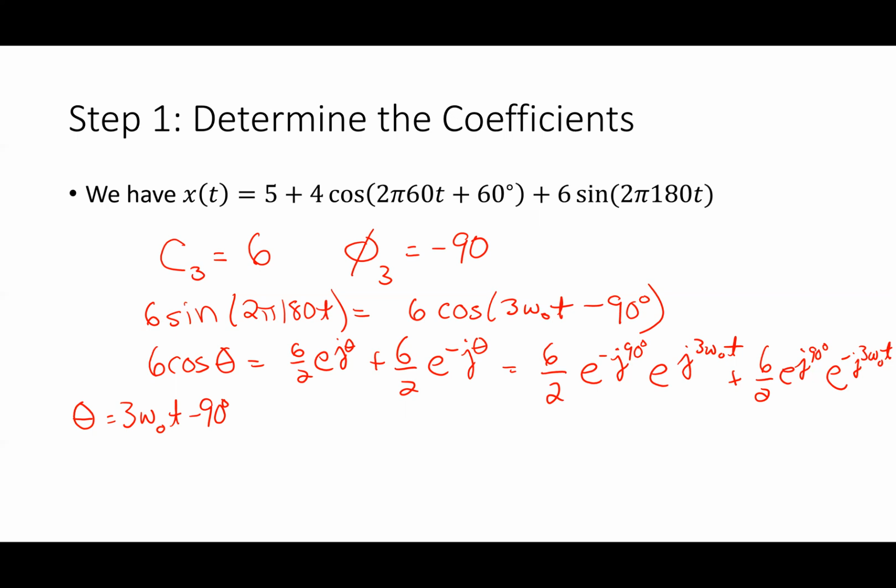So you could say, yeah, sine of x is equal to cosine of x minus 90 degrees. There's a trig identity that states that, yeah, sure, I'll take it.